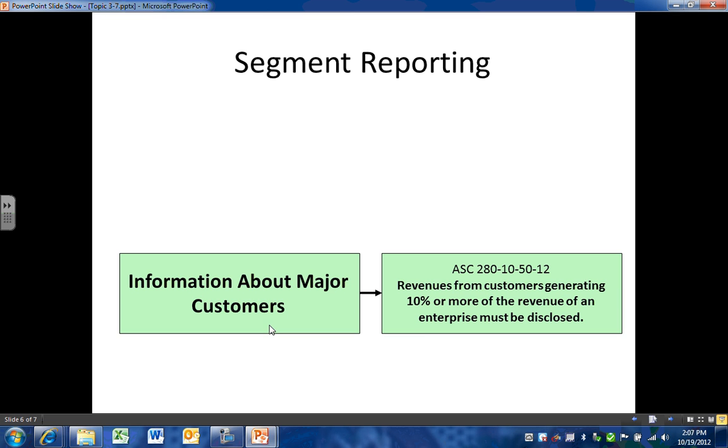GAAP also requires, in this code section, that there be disclosures about customers who make up a large portion of our total sales, if in excess of 10%. So if a company is dependent on another company for more than 10% of their revenue, this has to be disclosed.